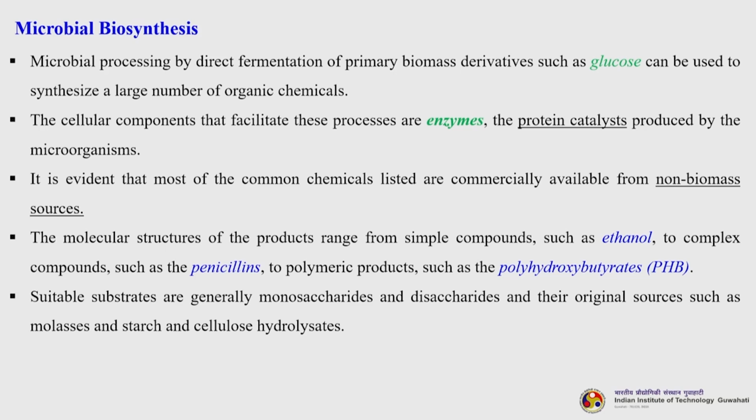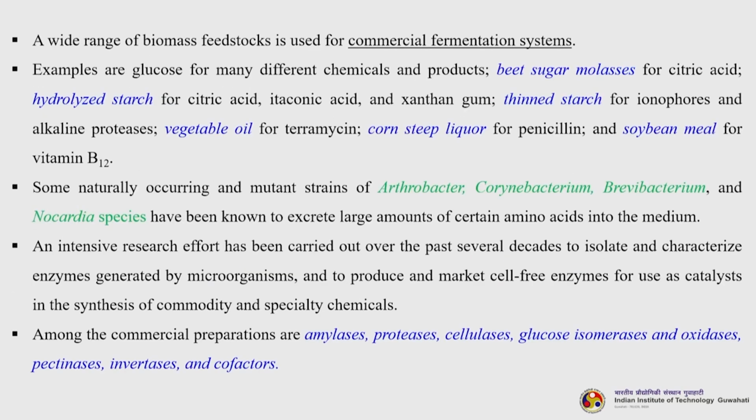Suitable substrates are generally monosaccharides and disaccharides and their original sources such as molasses, starch and cellulose hydrolysates. A wide range of biomass feedstocks is used for commercial fermentation systems. Examples are glucose for many different chemicals and products, beet sugar molasses for citric acid, hydrolyzed starch for citric acid, itaconic acid and xanthan gum, thin starch for ionophores and alkaline proteases, vegetable oil for terramycin, corn steep liquor for penicillin, soybean meal for vitamin B12.